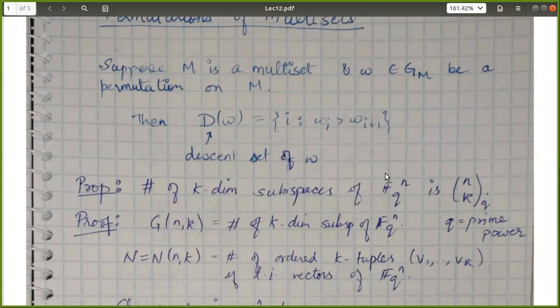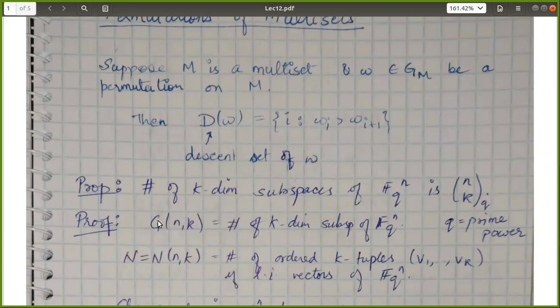So it asks you to count the number of k-dimensional subspaces of this field, and the result you already know is that it is the Q multinomial coefficient n choose k. But you have to prove this. So suppose G(n,k) is the number of k-dimensional subspaces of FQ^n.